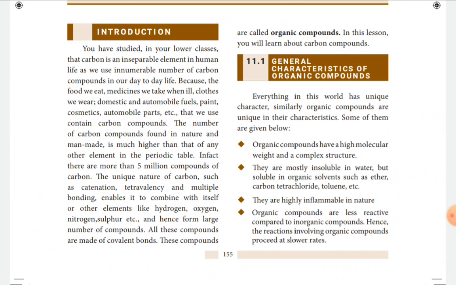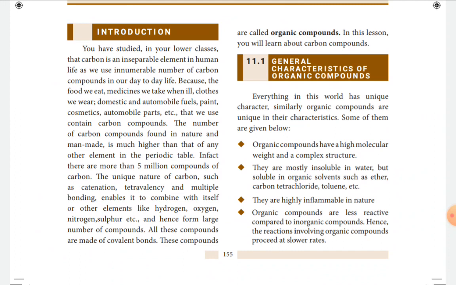We elaborately learned about the introduction to carbon, and we learned some general characteristics of organic compounds. In the next class we are going to study the classification of organic compounds based on the pattern of the carbon chain, whether it forms a linear, open chain pattern or a closed chain pattern.